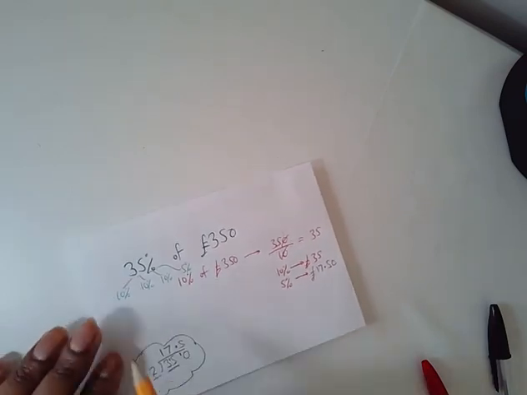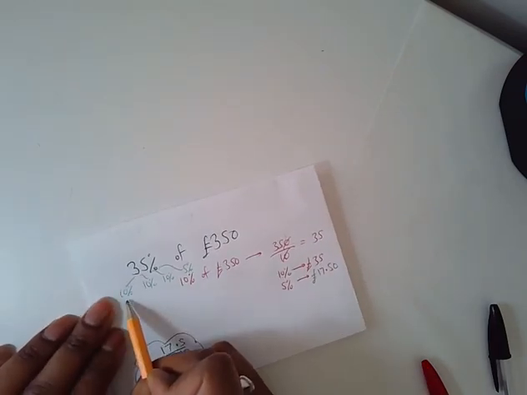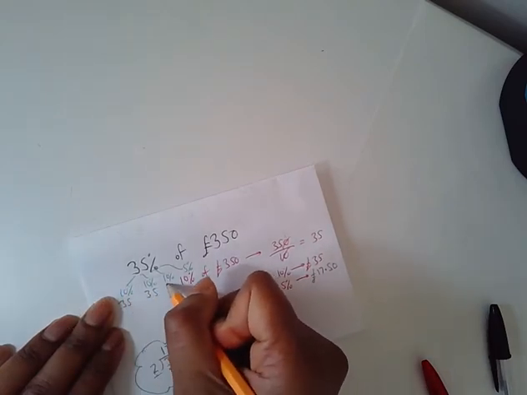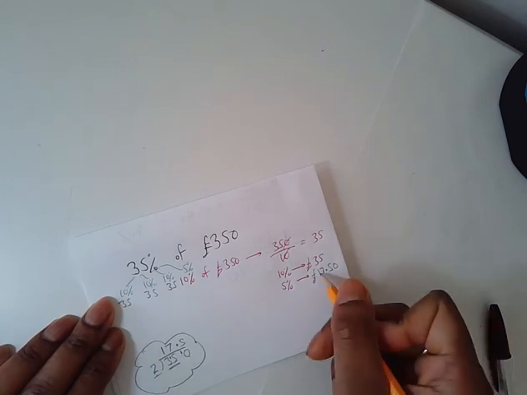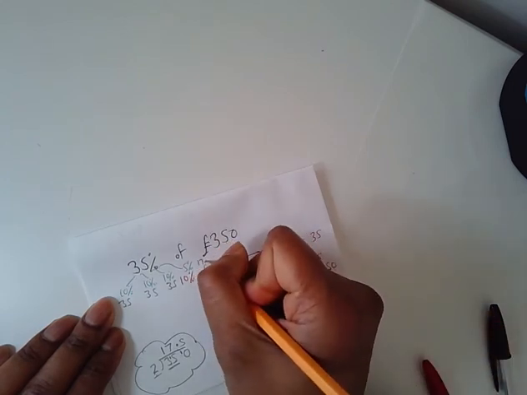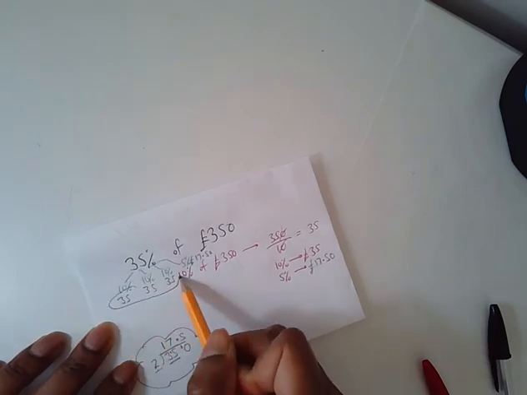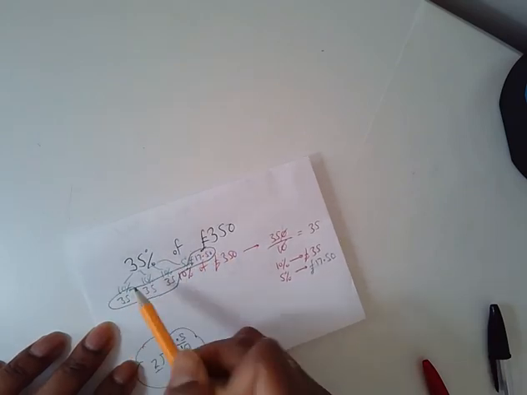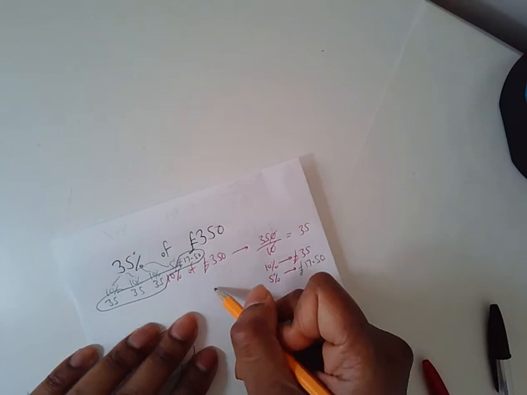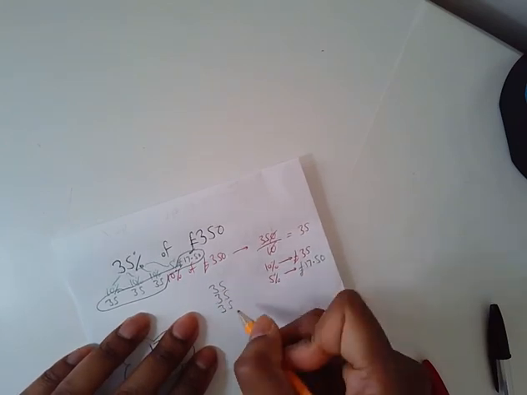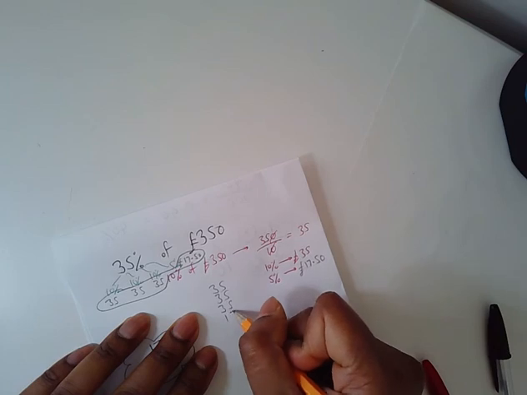So now we have it here. 10% is worth £35, 10% is worth 35, and that 5% is £17.50. So what's that all together? You need to add them up now. 35, and then £17.50.